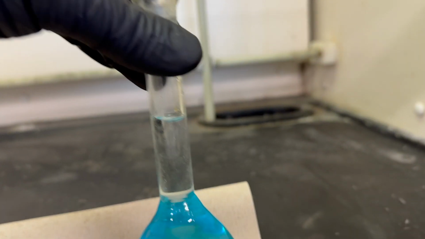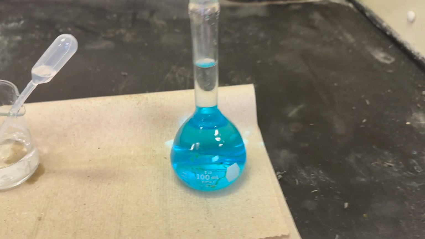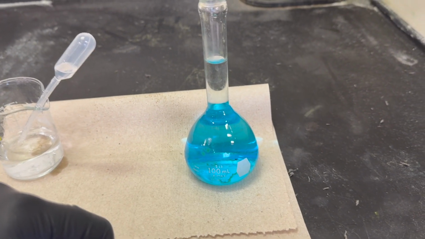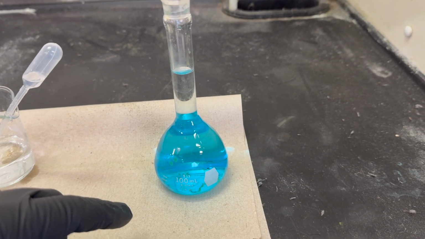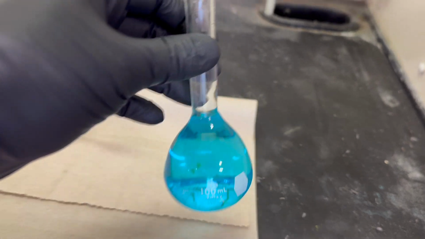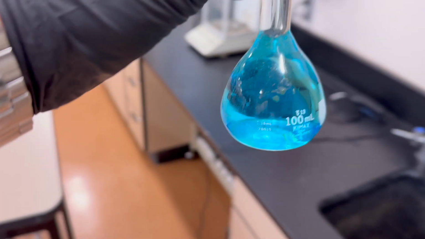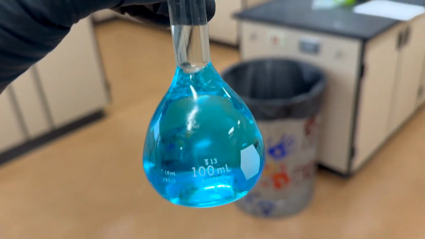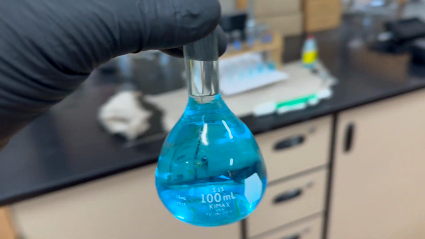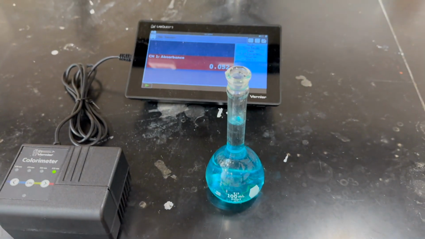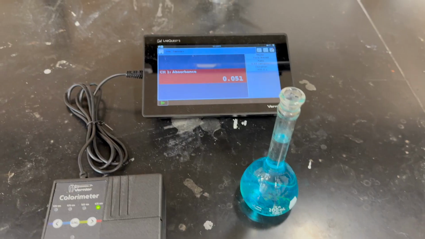And now we have our unknown, our solution. This was created from the brass object, and we need to figure out what the concentration of this is. And we will do that by using the absorbance and then comparing the absorbance with our calibration curve.